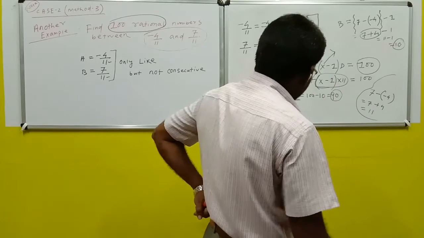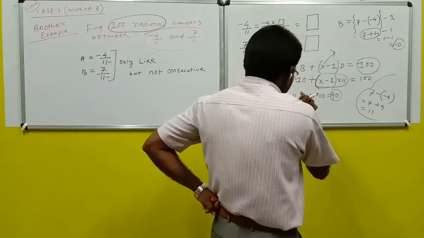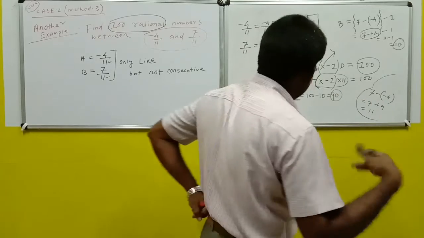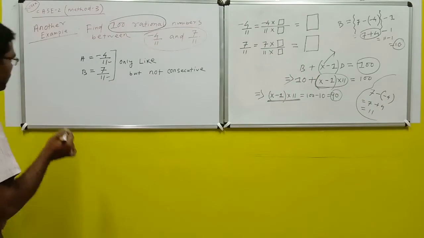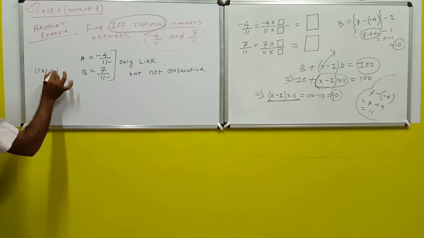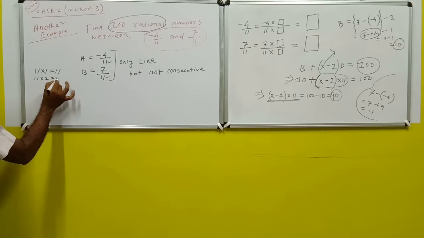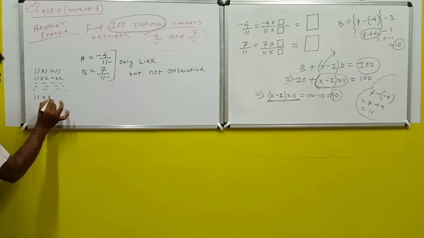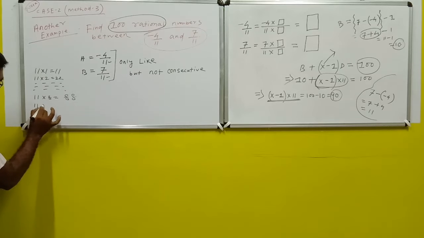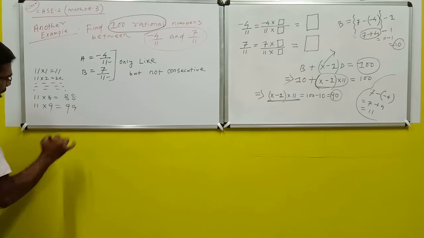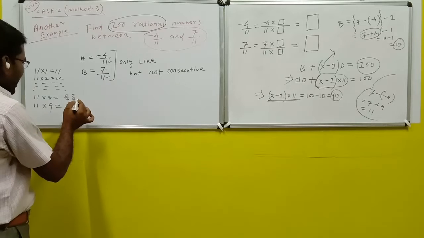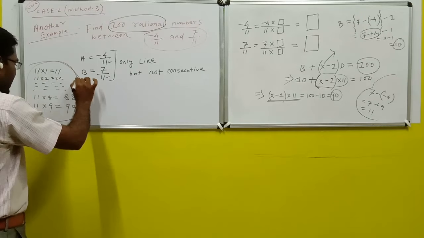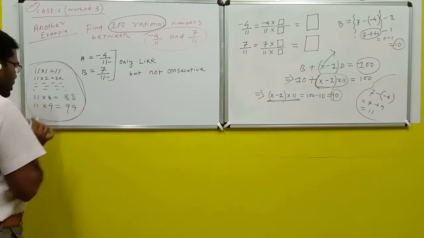But you see that in the multiplication table of 11, there is no number like 90. Check it. 11 ones are 11, 11 twos are 22, and so on. Then 11 eights are 88, 11 nines are 99. You see that there is no 90 in this table. In the multiplication table of 11, there is no 90.